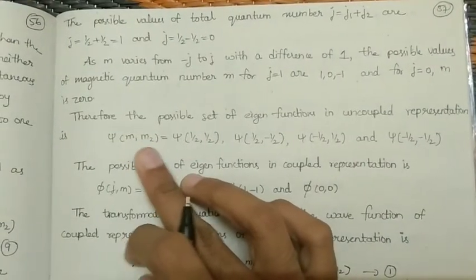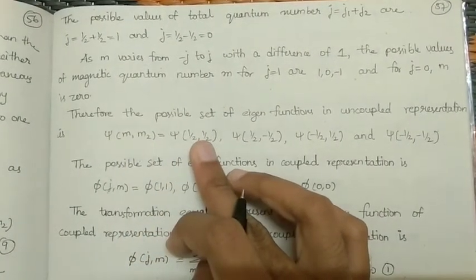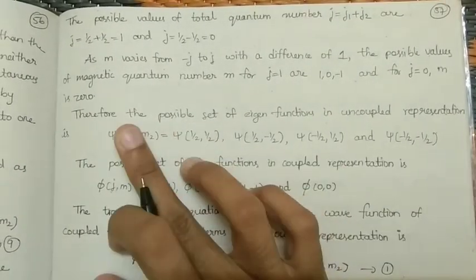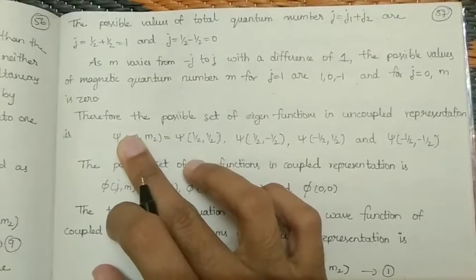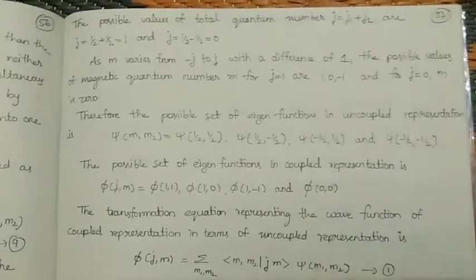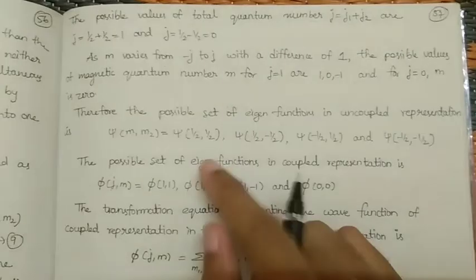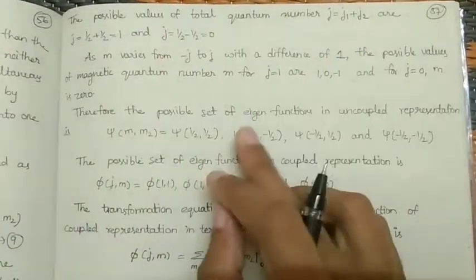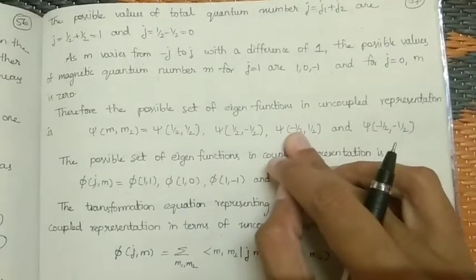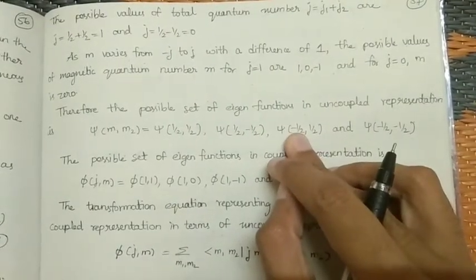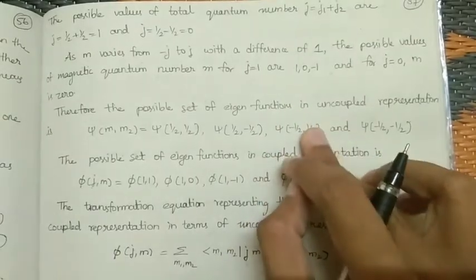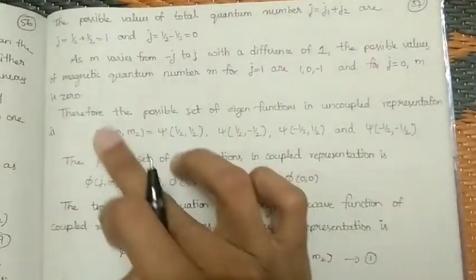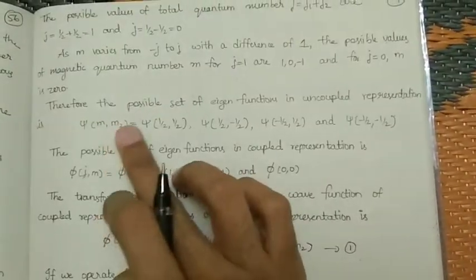So xi of m1, m2 is equal to xi of half, half and half, minus half. That means if we fix m1 to half, m1 has two possible values, half, minus half. First we fix m1 to half, and m2 has two possible values, half, minus half. Next, if we fix m1 to minus half, we get minus half, half and minus half, minus half. So these are the possible combinations of m1, m2.